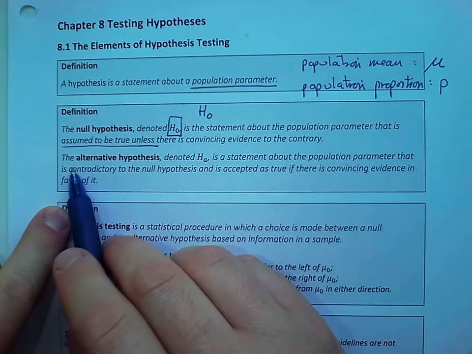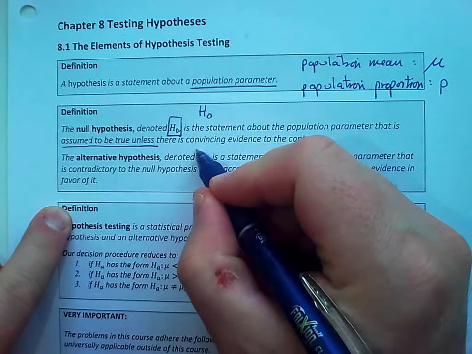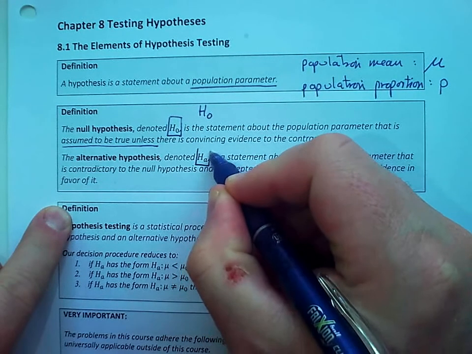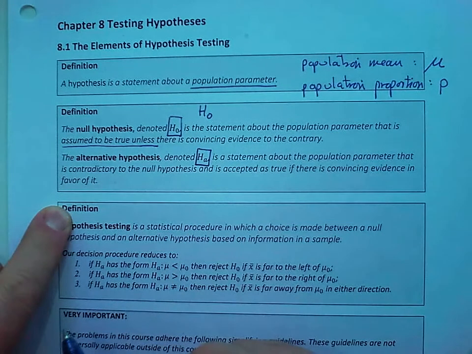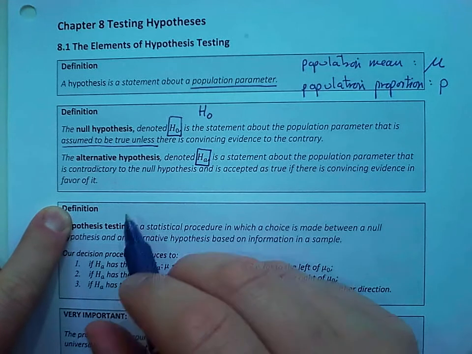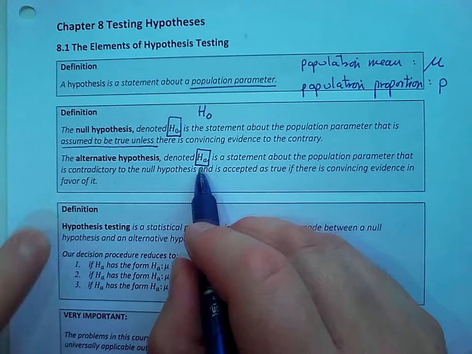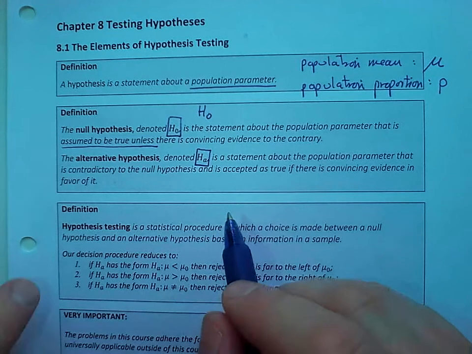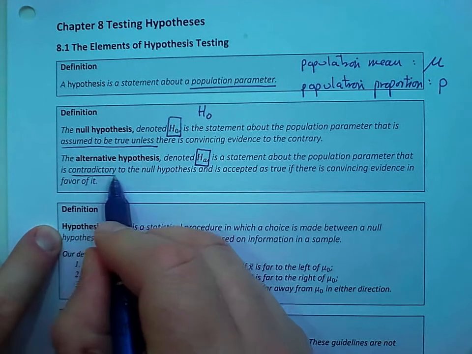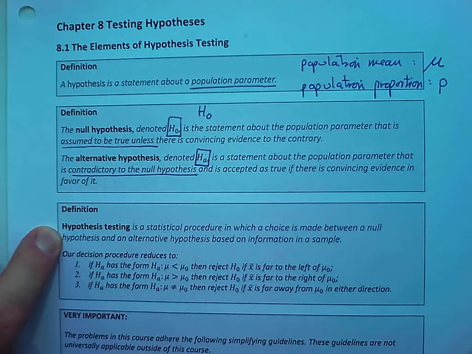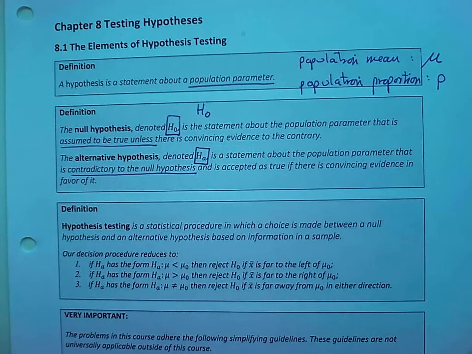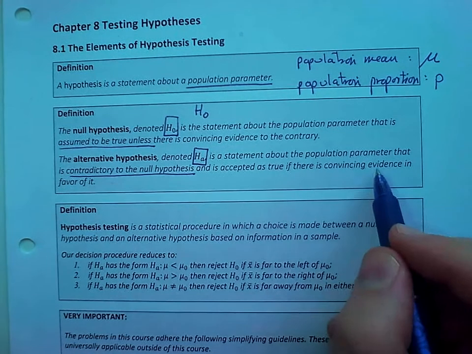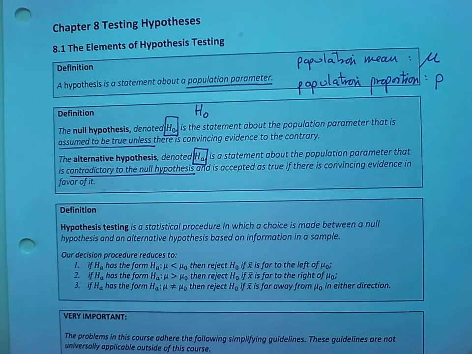Now for the alternative hypothesis, the symbol for the alternative hypothesis is a capital H with a subscript of A. So it's HA. It's a statement about the population parameter that is contrary to the null hypothesis and is accepted as true if there is convincing evidence in favor of it.